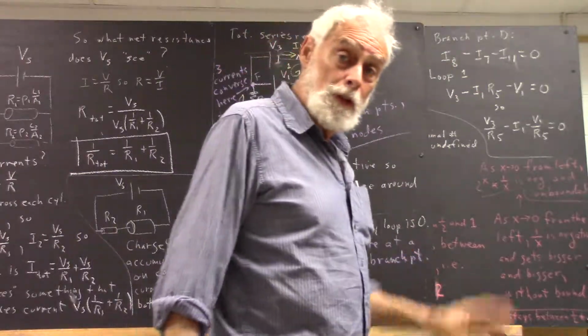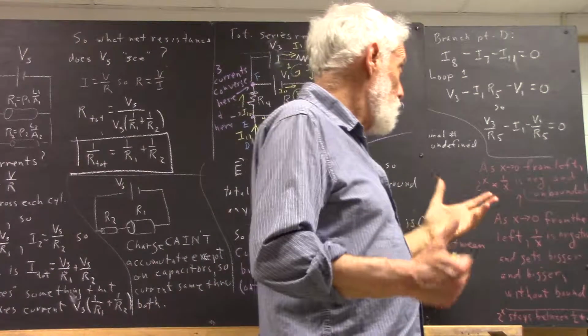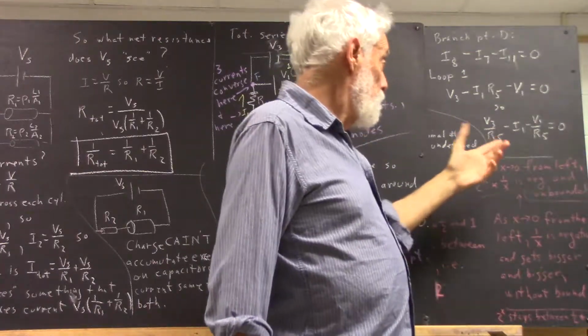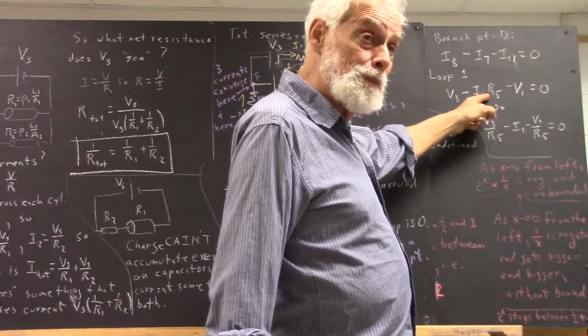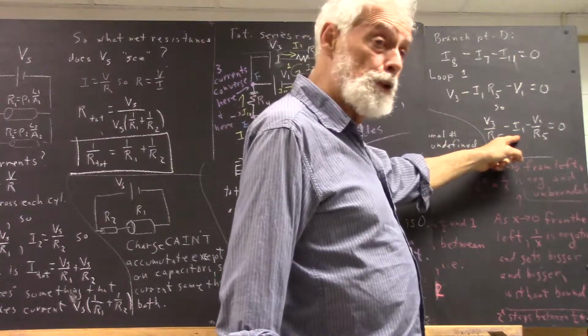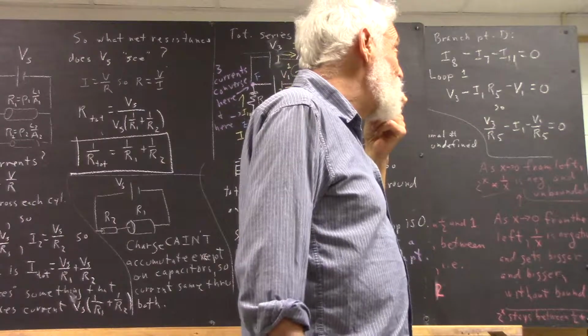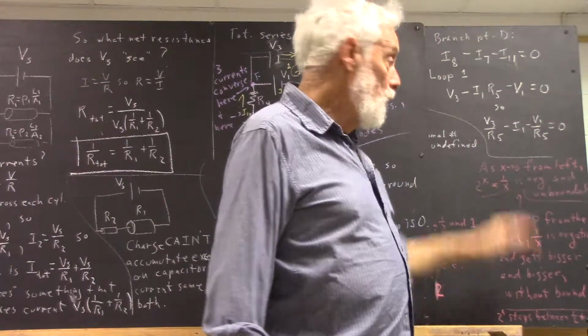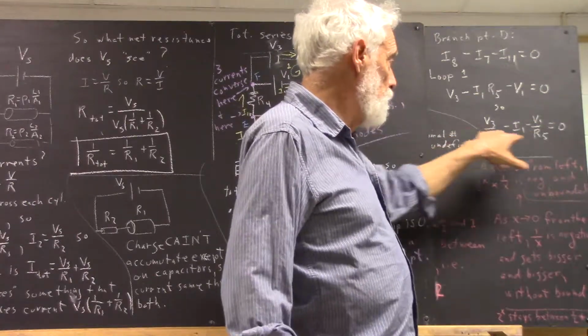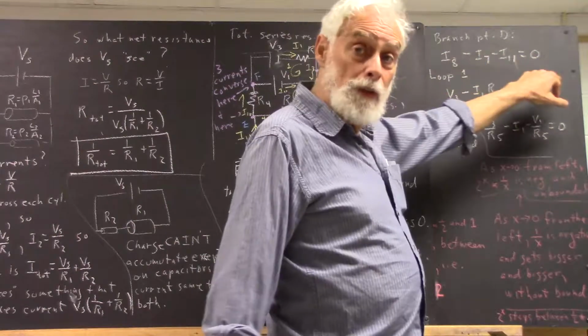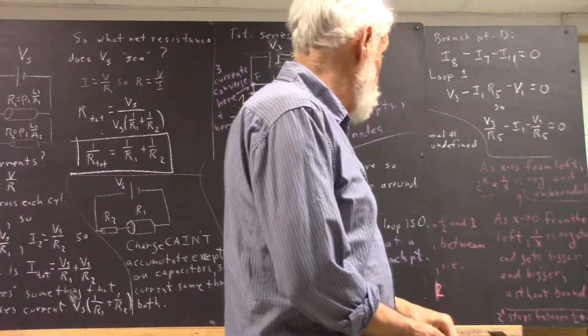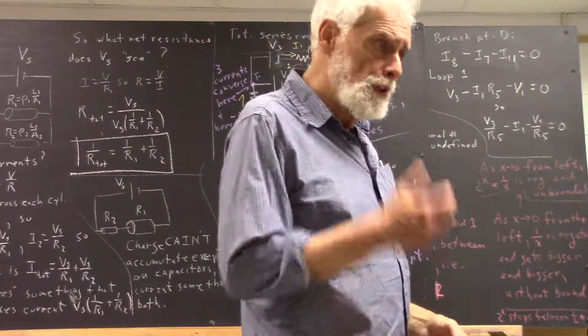That's a good thing, and I'm glad that was brought up. Well, that's easy to remedy. Just divide by the resistance, and of course then you're just left with current here, and voltage divided by resistance is a current. So now you have everything in current. So you might use this in the equation instead of this. There are other ways you can reconcile that, but that's probably the easiest.